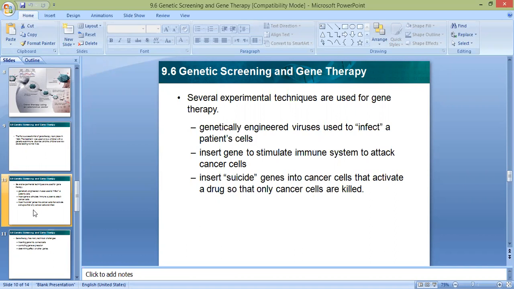What is the function of this gene? It activates a drug, as if it works like a drug, so that only cancer cells are killed. So these are the 3 methods of gene therapy.